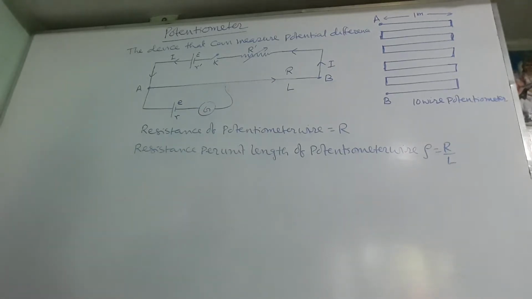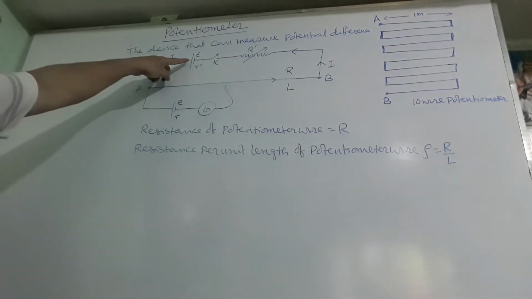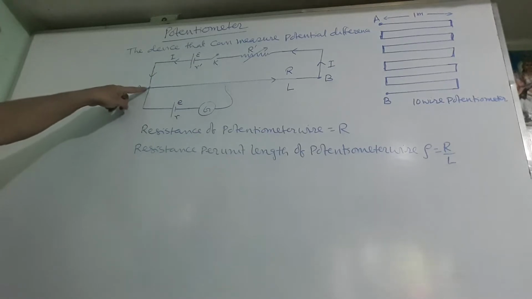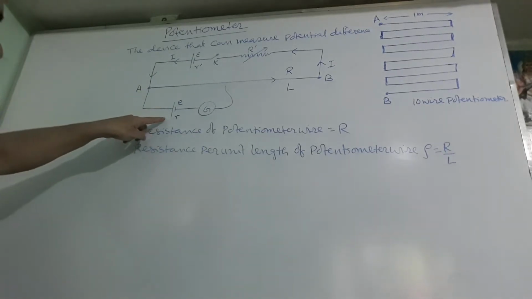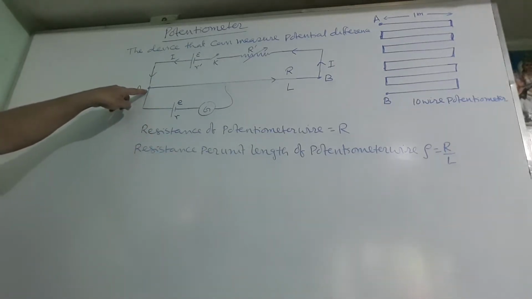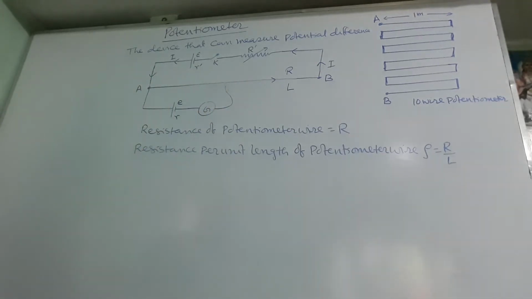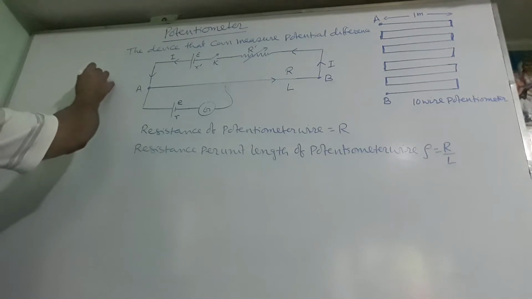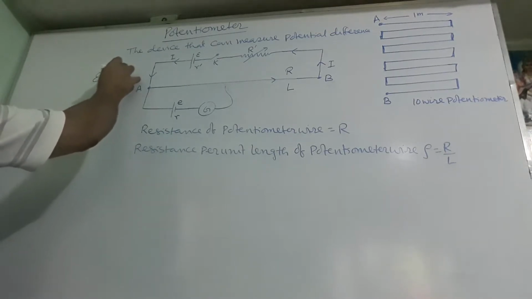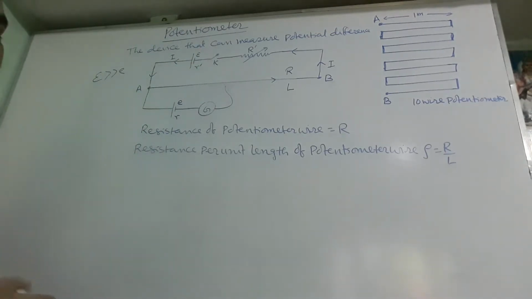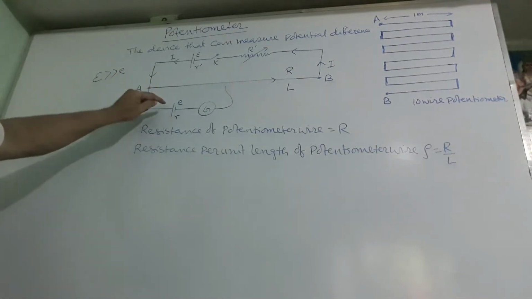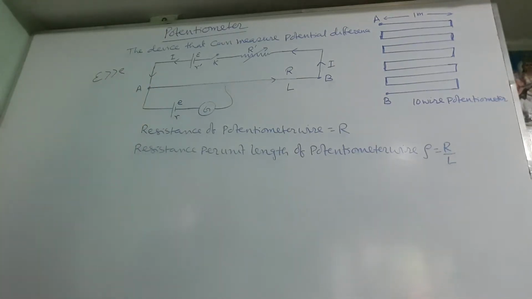While connecting, we have to take care that the positive terminal of this cell is connected to point A, and the positive terminal of this one should also be connected to point A. If it is reversed, the purpose will not be served. Another thing is that this E must be much more than E dash. That is, the EMF of this source must be much more than the source to be measured or compared, whatever it is.